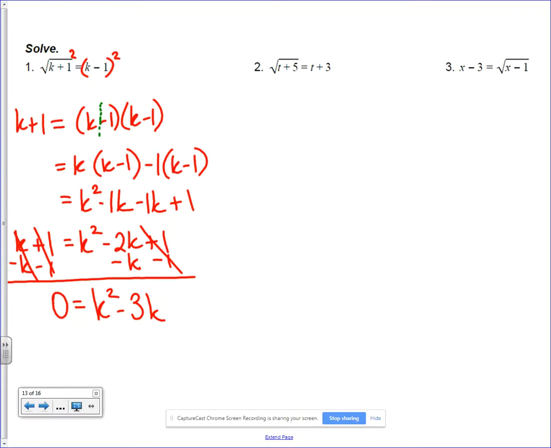Now that I have this set equal to 0, I need to factor it. What's the first thing you look for when factoring? Oh boy, you got to go back. Think. What's the first thing we look for when factoring? Okay, what do they have in common? A k. So I can factor out a k. What's left?